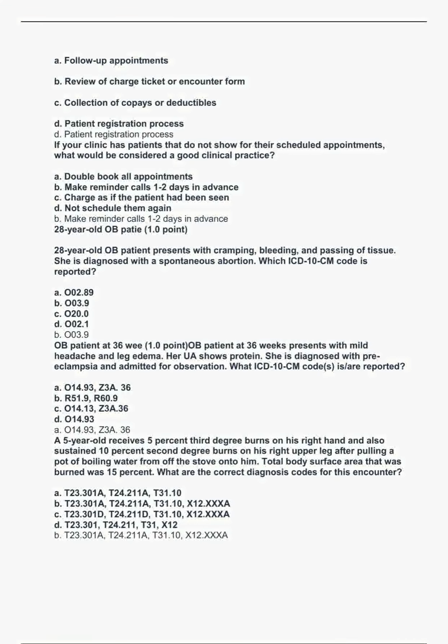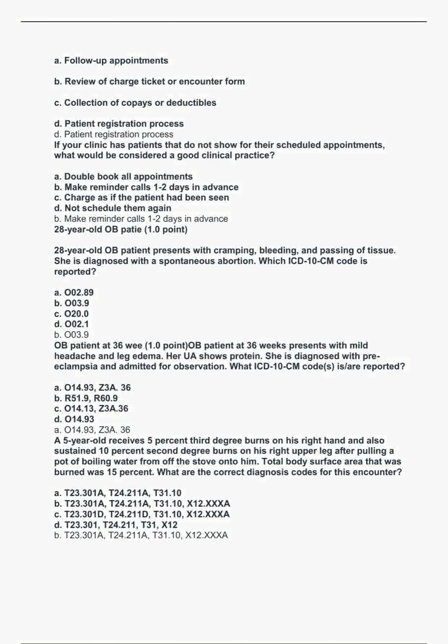B. R51.9, R60.9. C. O14.13, Z3A.36. D. O14.93. Answer: A. O14.93, Z3A.36.